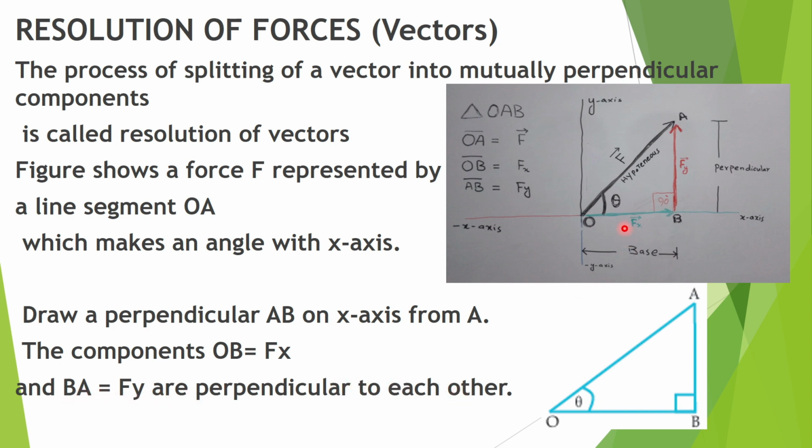Now look over here, this is your Fx and this is your Fy. So these two vectors are perpendicular to each other. Therefore it is said over here, into mutually perpendicular components. Here they are talking about Fx and Fy, which are mutually perpendicular to each other.